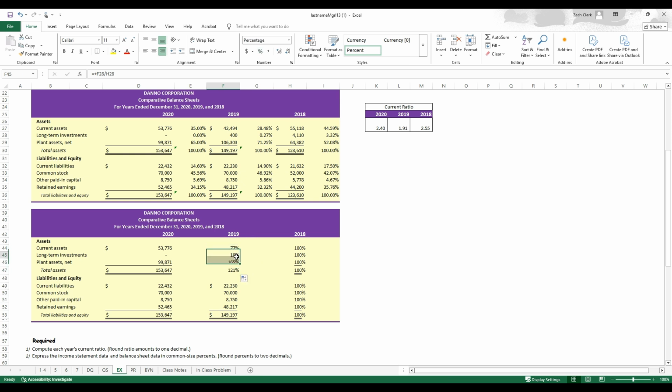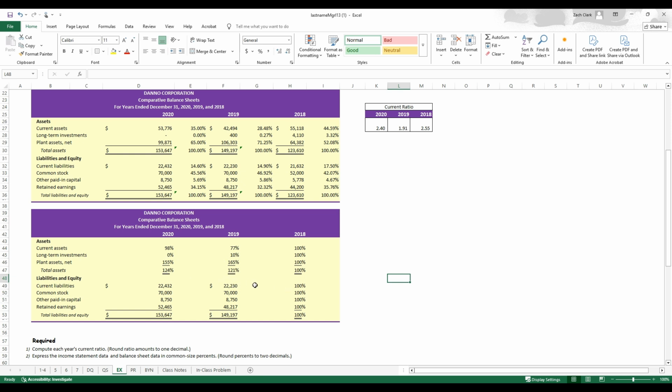Yeah, I think just dragging down, and then you'll see when we link into the formulas, it's just going to continuously, as we're dragging these down, take the next year divided by the base year, the next year divided by the base year, and then we can do the same thing up here, divided by the base year, drag that down, format paint just to kind of get these looking consistent.